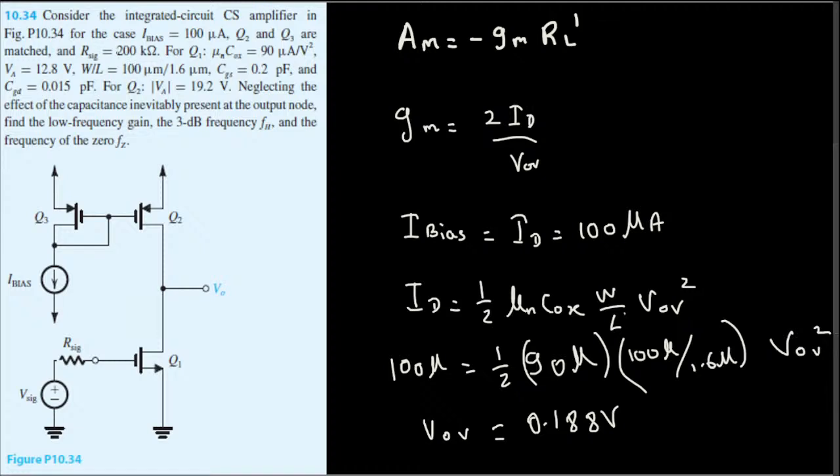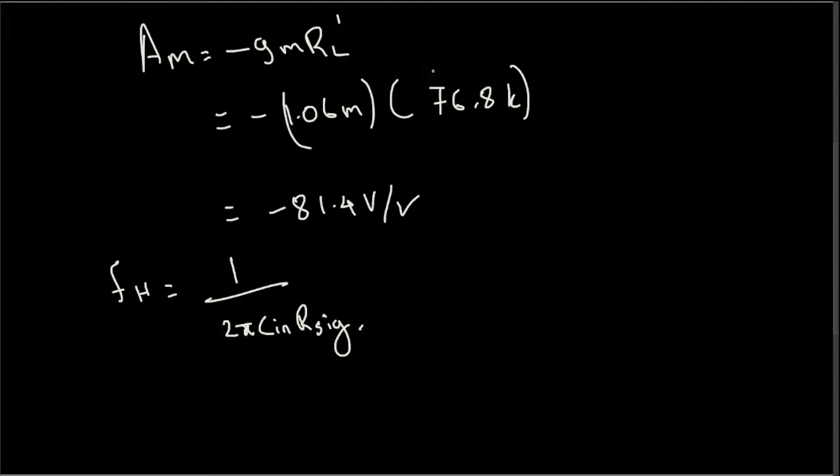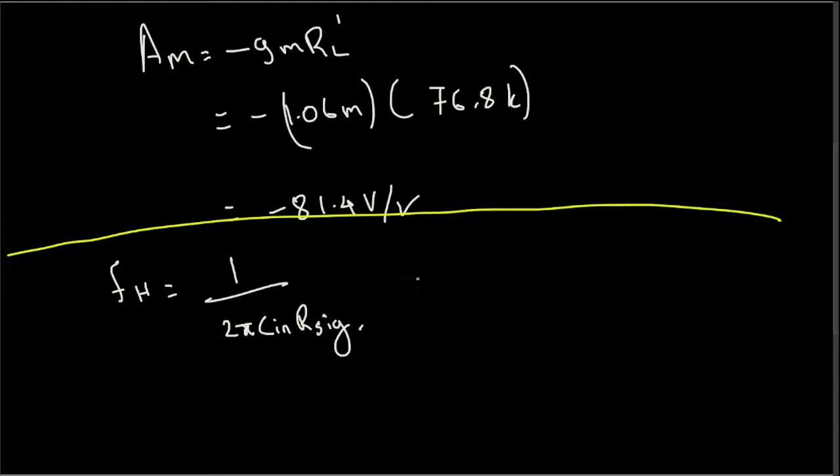As I see, Rsig is readily available, but we don't have the Cin provided, so we have to calculate the Cin. Let me use a different color to differentiate the first and second. So Cin, this is what we have to calculate. To find out the Cin, the equation is CGS plus CGD times 1 plus GM RL prime.